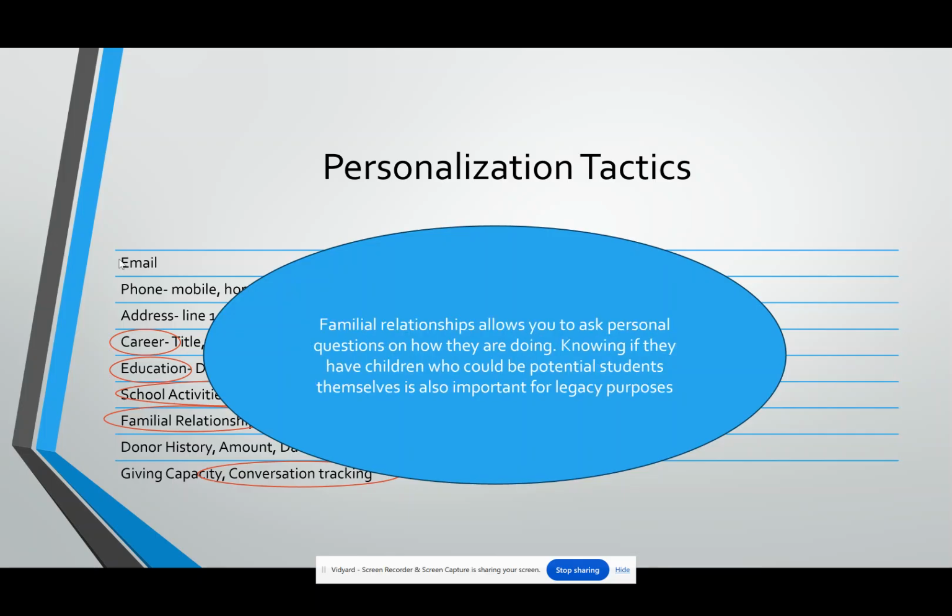On top of that, the familial relationships, knowing who the parents, the siblings who also attended, maybe the children who are attending or will be attending, or are alums themselves. All of those details just add extra personalization and have the individual feel seen. On top of that, if you hear an update like, hey, how's your brother doing? Oh, he recently had a baby.